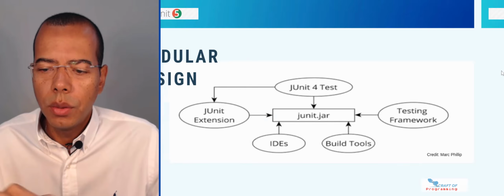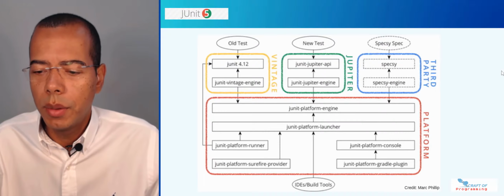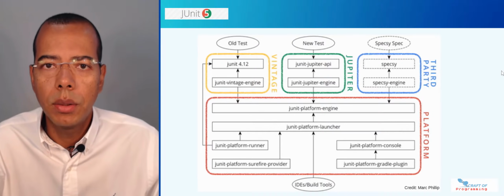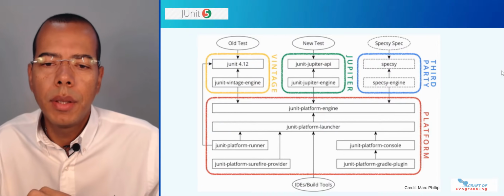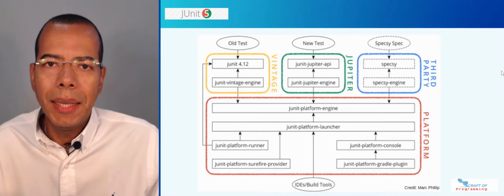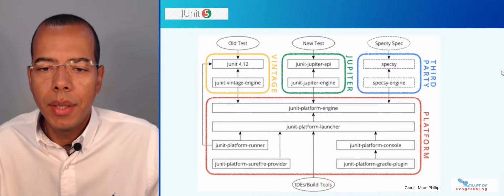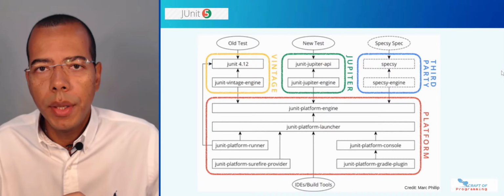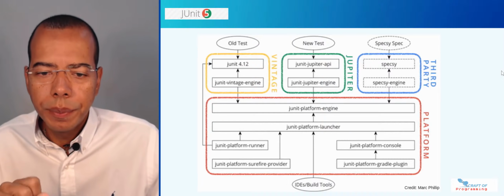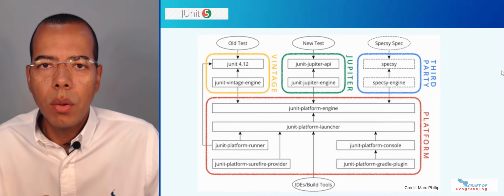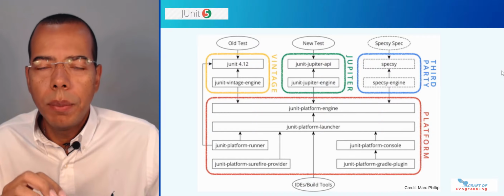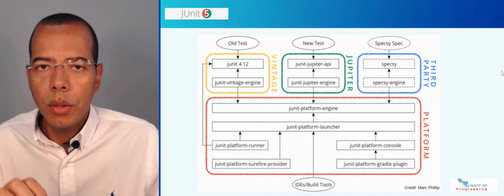In this new architecture, again credit to Mark Phillip for the diagram, you can see a much cleaner API. You as a test implementer would be using the Jupiter API, which is here in green. The only thing you really need to depend on is the Jupiter API jar.